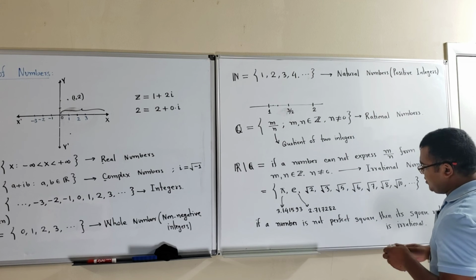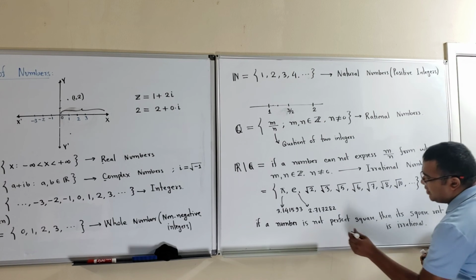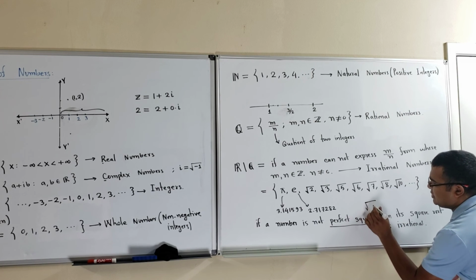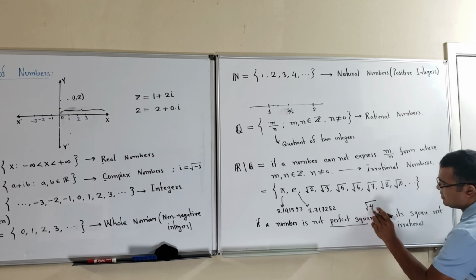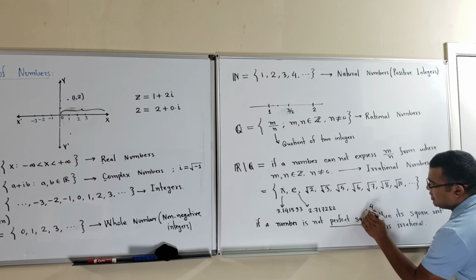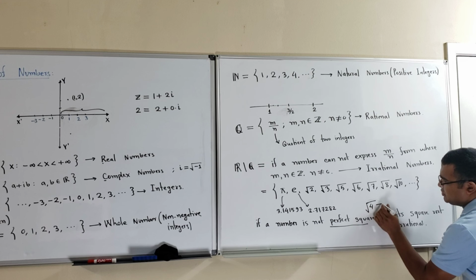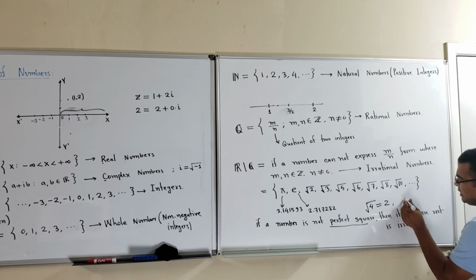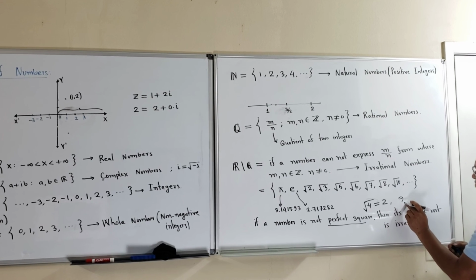What does perfect square mean? Perfect square means if you take square root of that number, you get an integer. Suppose 4 is a perfect square number. Why? Because if we take square root of 4, then we will get 2. Then 9 is also a perfect square. Why?